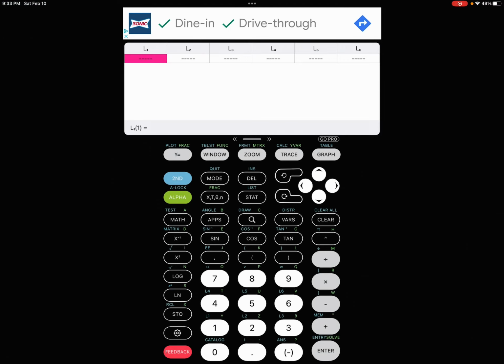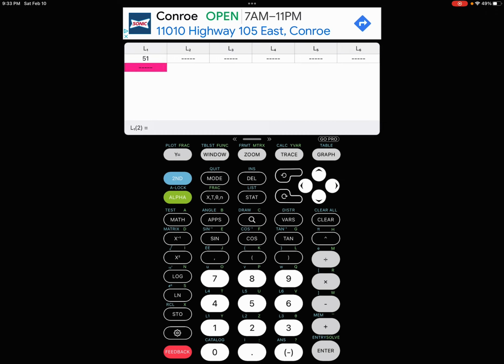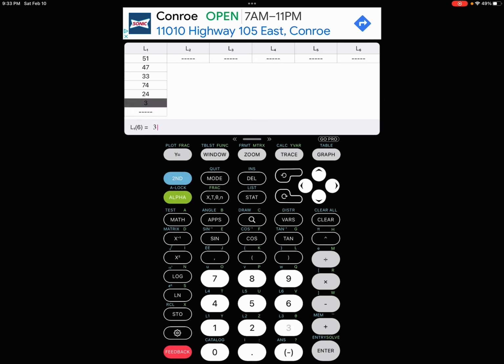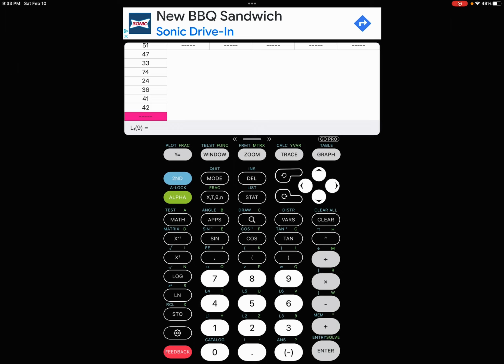All right, so I'm going to go back to my calculator, and now I'm going to start entering that office space rental. So the first value is 51. Then I have 47, 33, 74, 24, 36, 41, 42, 30, 14, 11, 42, 40, 22, 35, 29.